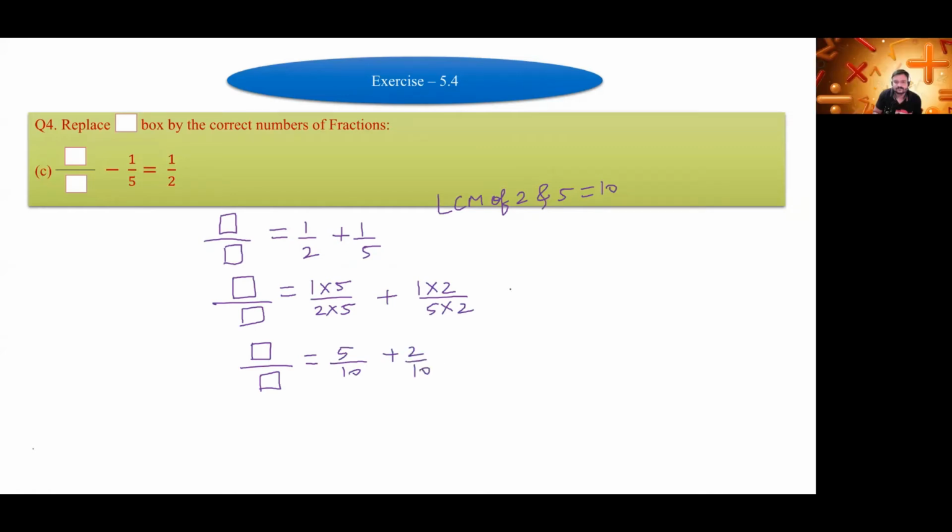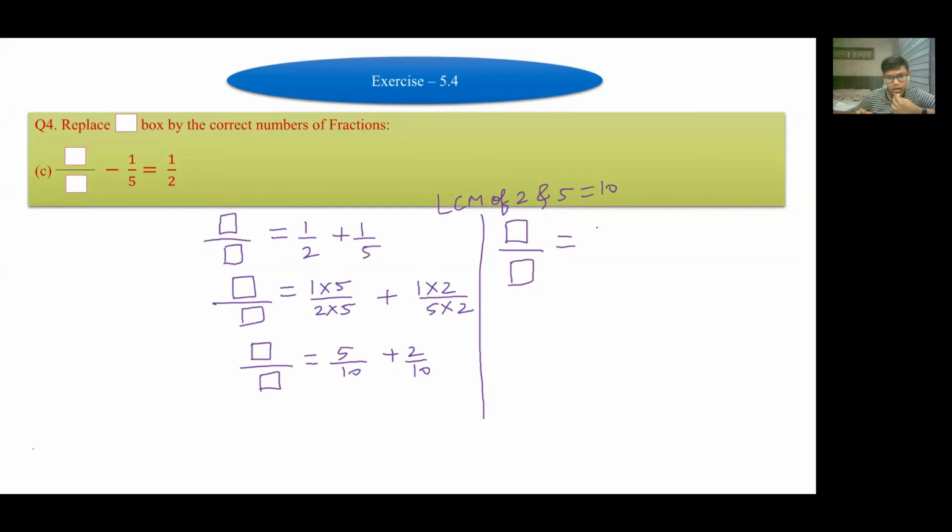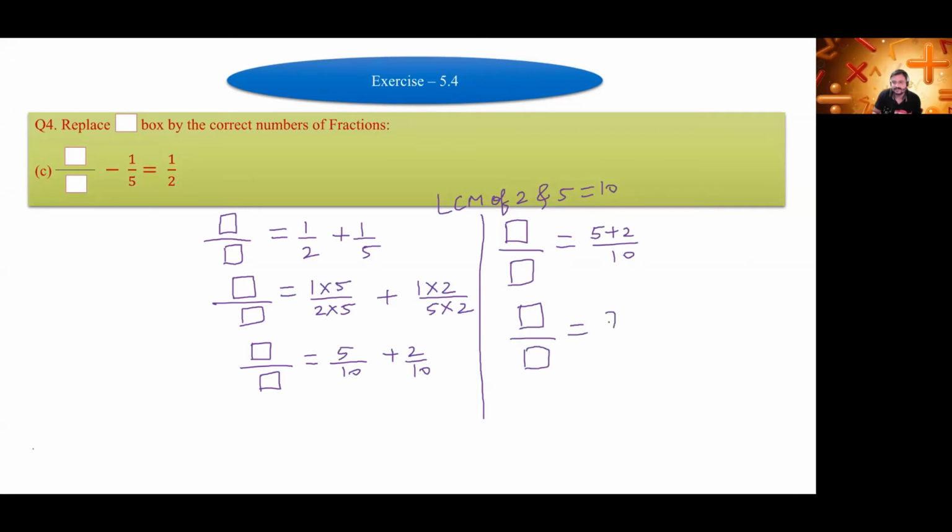So it will be 7 by 10. It will be 7/10. So what is the value of the box then? Sir, it will be 7 by 10. Correct. So the value inside the box will come 7/10. This box will be 7 and this box will be 10. Okay. So put it here 7/10.